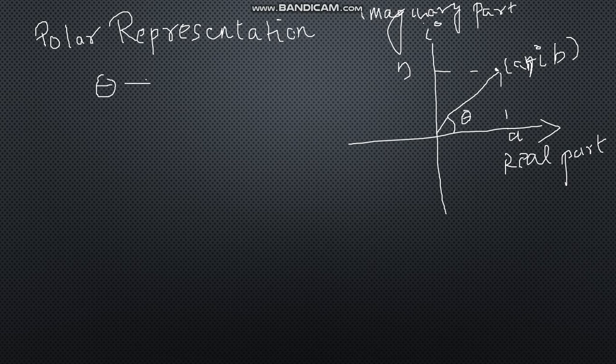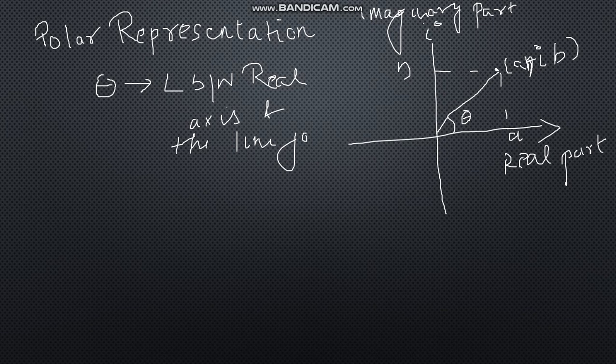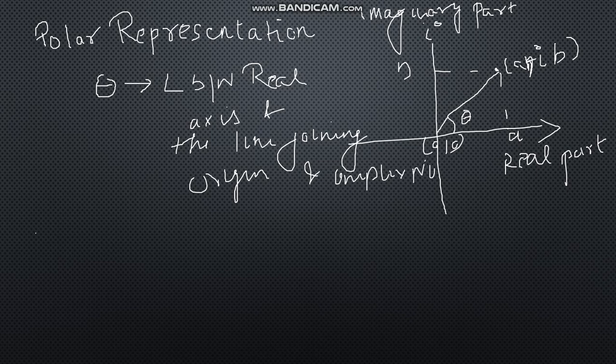First of all, we have to know the angle between the real axis and the line joining the origin and the complex number point, the point which denotes the complex number.